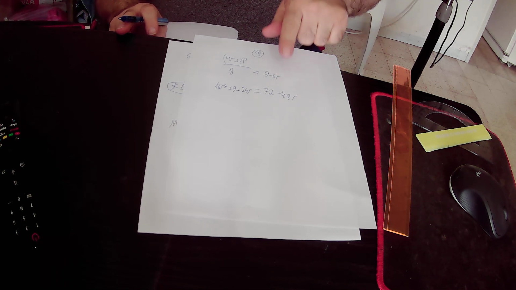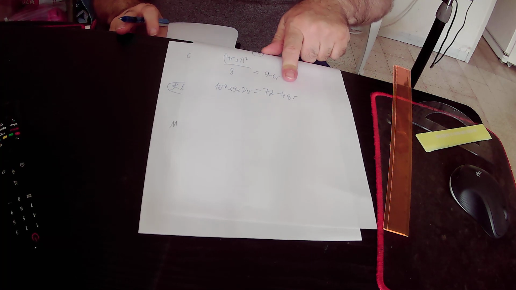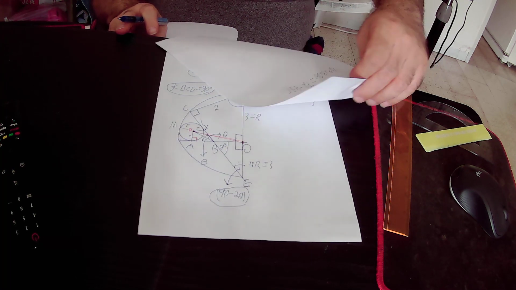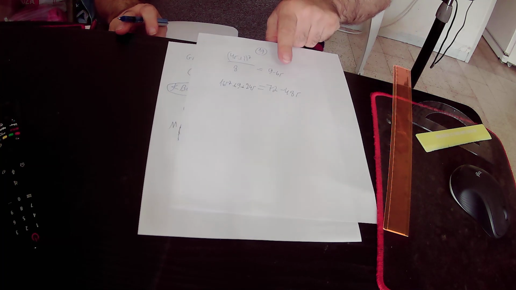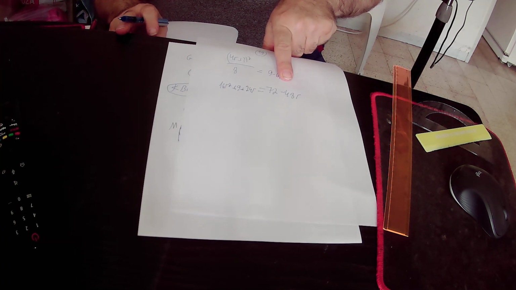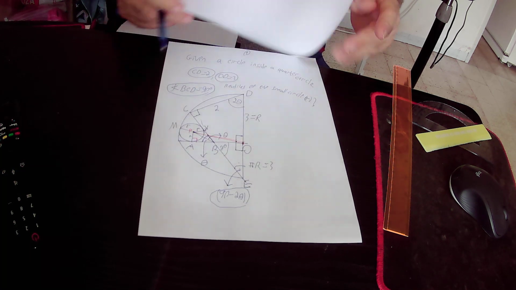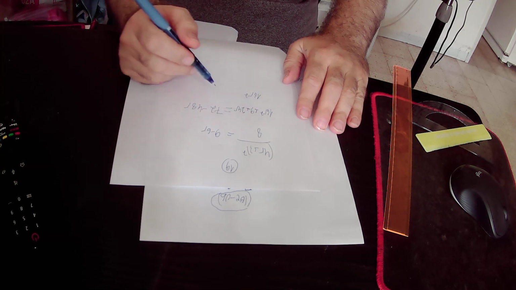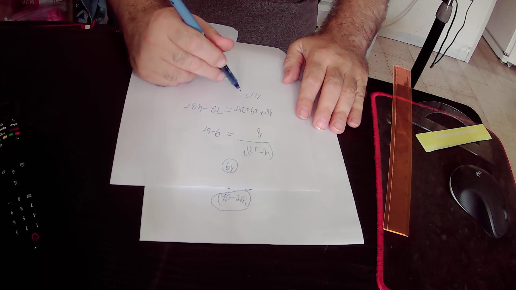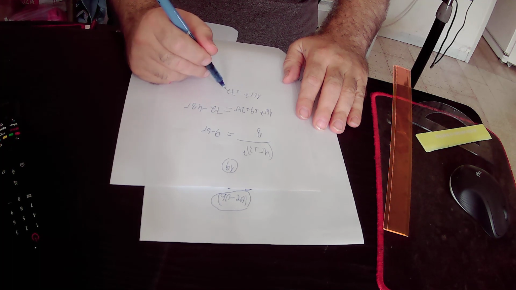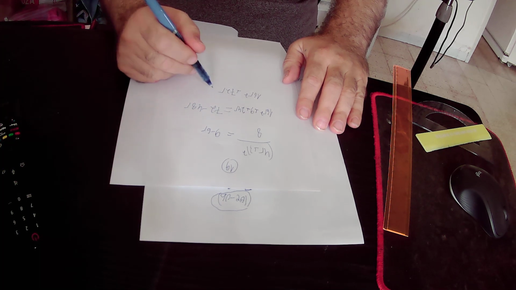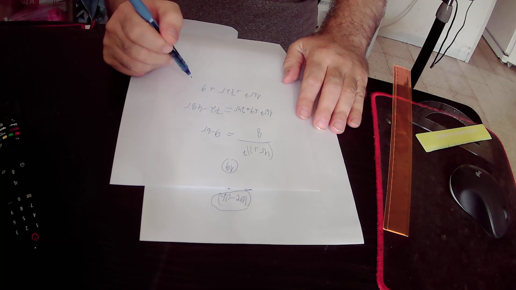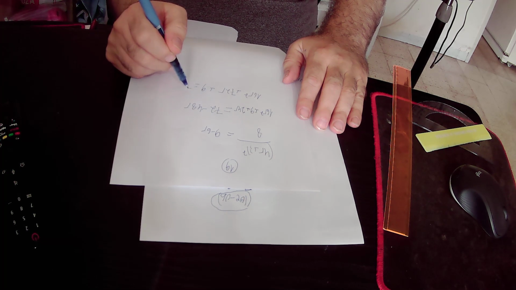So here we will add 48r to this equality. 48 plus 24 is 72. So in total we will get that 16r squared plus 72r plus 9 equals 72.